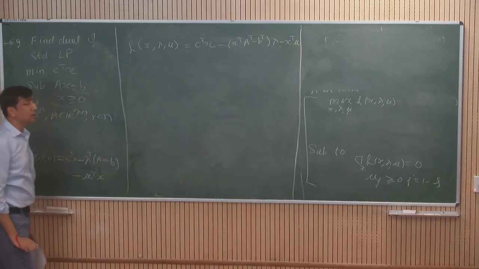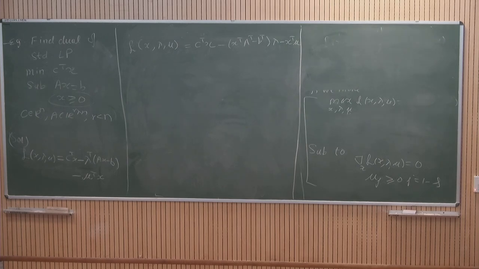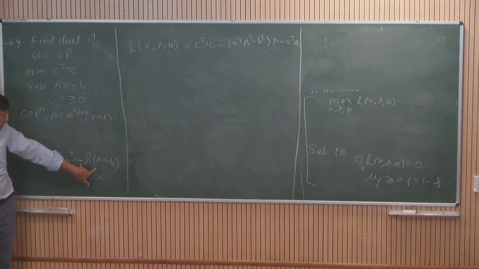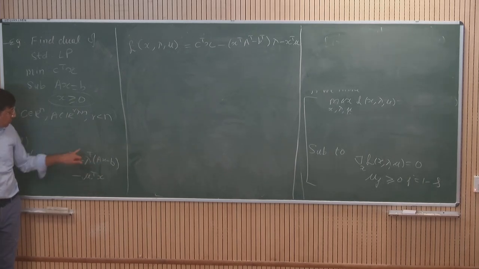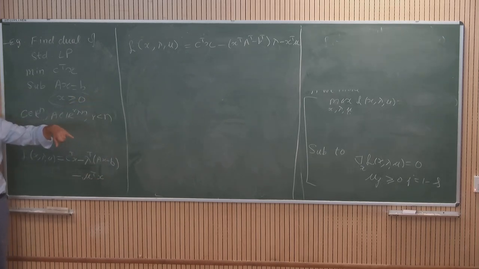Does it change anything? These are inner products between two vectors, lambda transpose (Ax minus b), so I can write (Ax minus b) transpose times lambda. I've just switched, a transpose b is b transpose a.